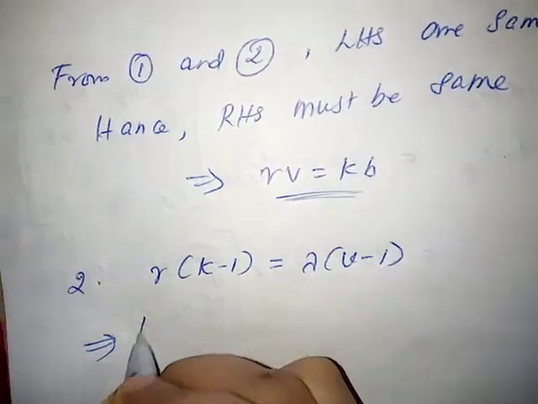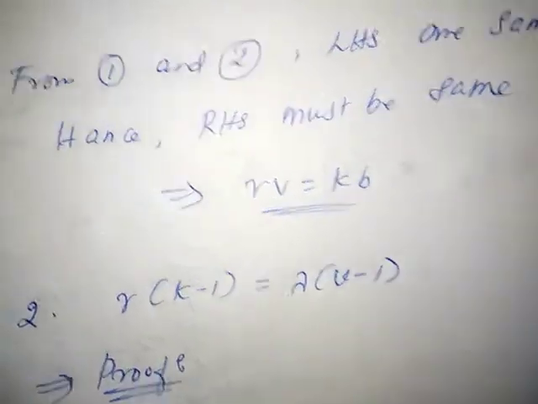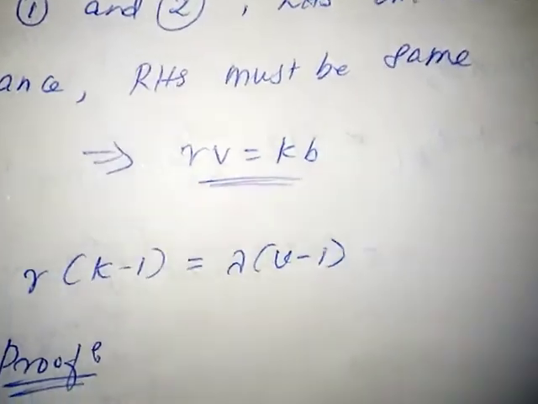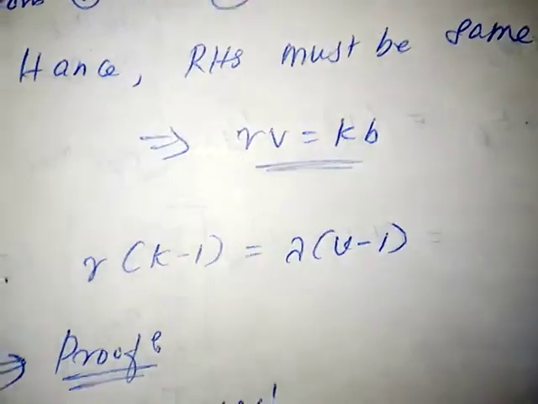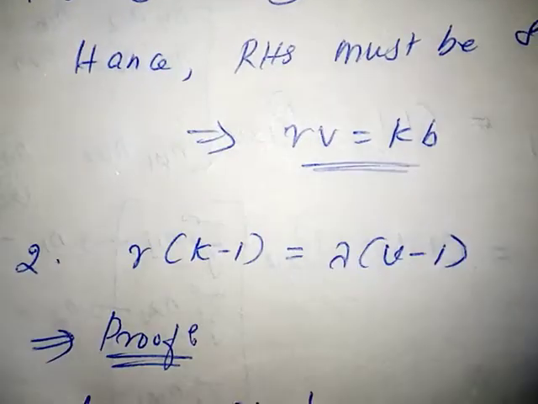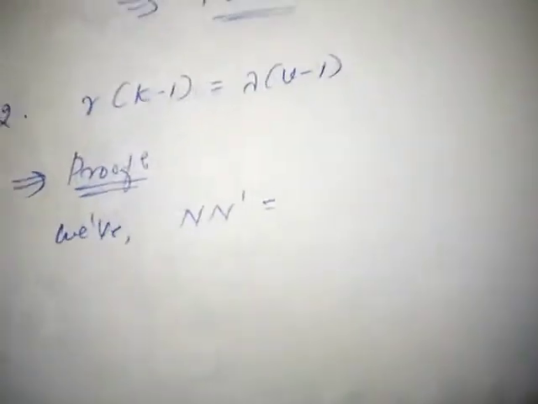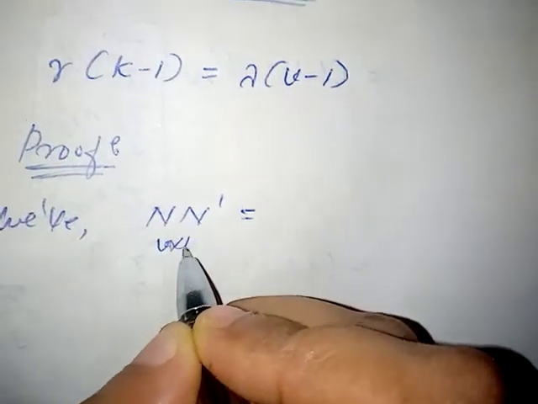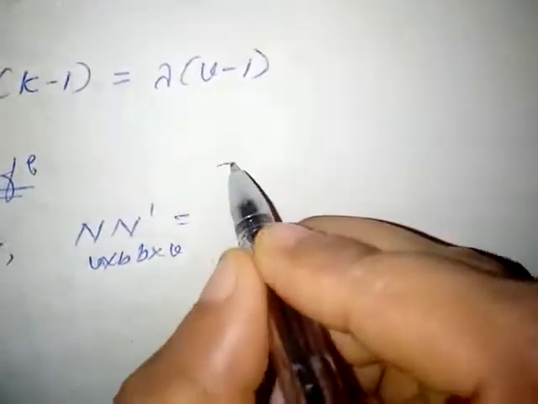And the proof is: for this relation, we should consider N into N transpose matrix. We have N into N transpose. Here N is of order v cross b and N transpose is b cross v.